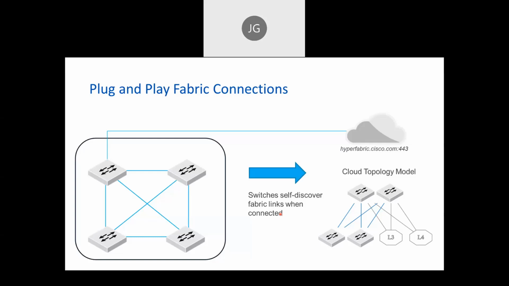All you do is you plug it in and it says, oh, great, you're my neighbor. Let me go ahead and check in with you. Now, there's clearly more going on there, but we can self-assemble that fabric and then start adding things like layer 3 outbound connections inside of our fabric.